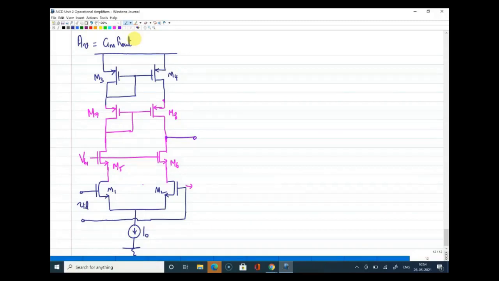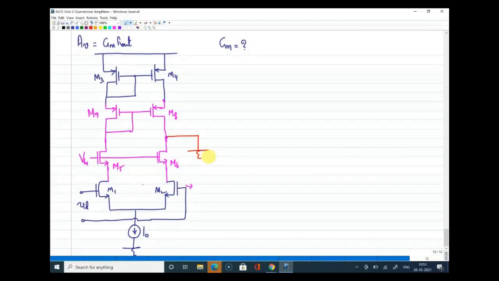Okay, Aryan, can you tell me how will you find the Gm of the circuit? Short the output to ground and consider the short circuit current. Very good. Thank you, Aryan, that is right.